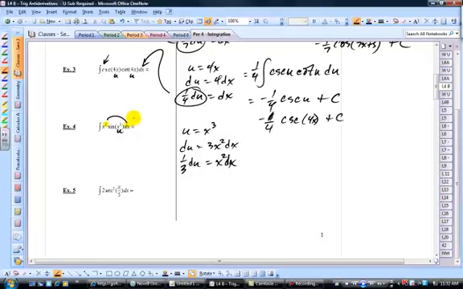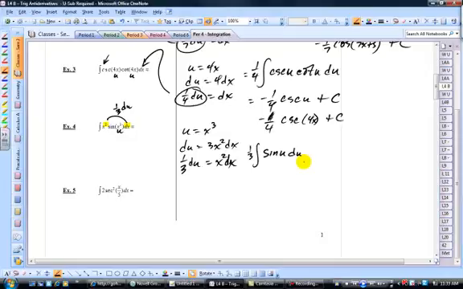So this right here is 1/3 du. You got to make that substitution in and then rewrite the integral in terms of u. So the integral of, well, I'm going to bring out the 1/3 of sine of u du. Okay. And the integral of sine is what?